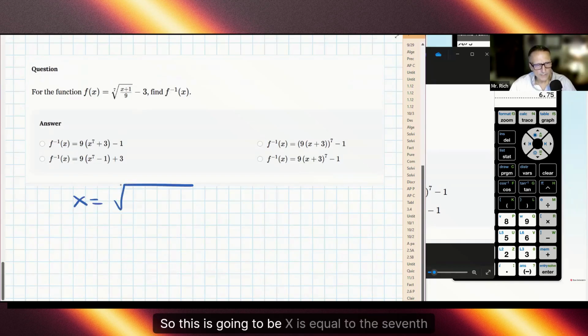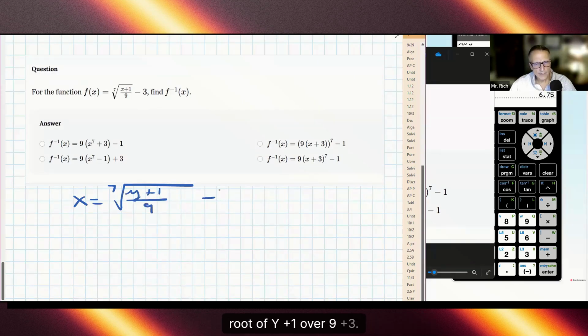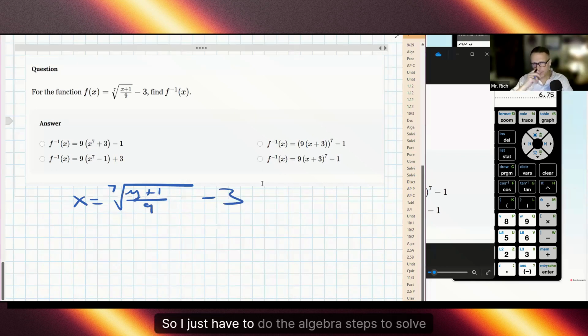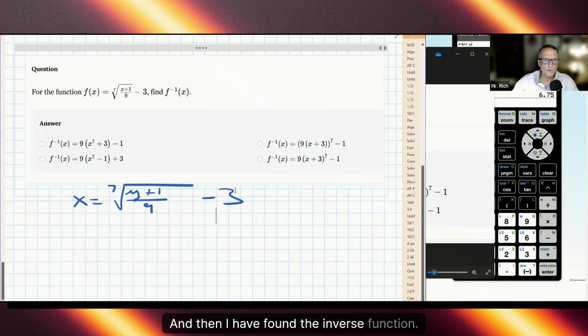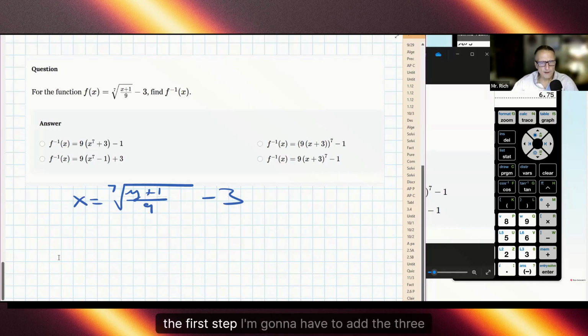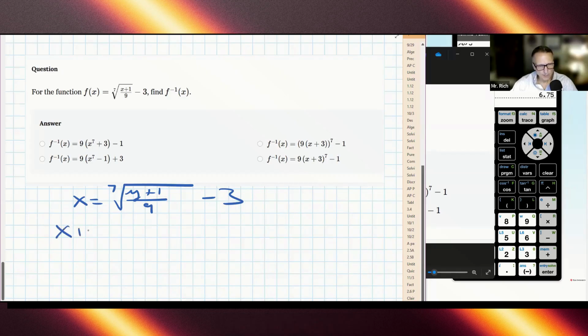So this is going to be x is equal to the 7th root of y plus 1 over 9 minus 3. So I just have to do the algebra steps to solve this for y, and then I have found the inverse function. Well, the first step, I'm going to have to add the 3 over, right? So I'm just following what I know in basic algebra to solve this for y.